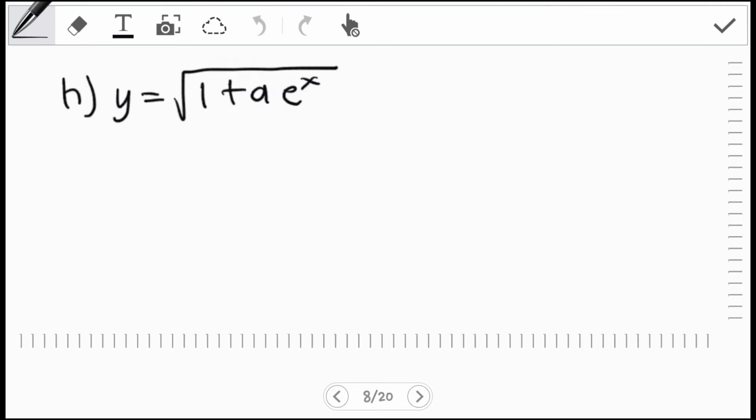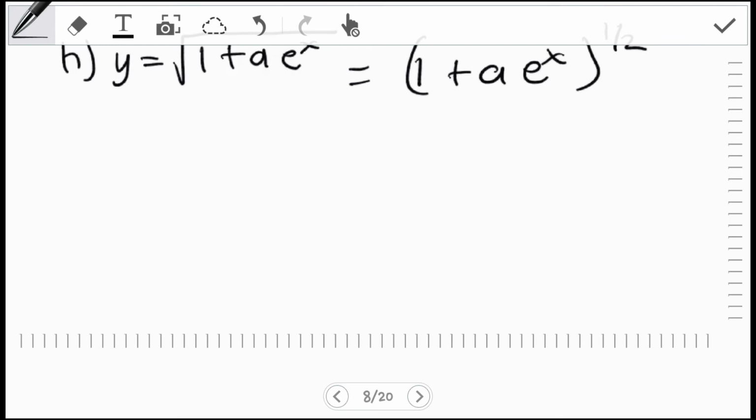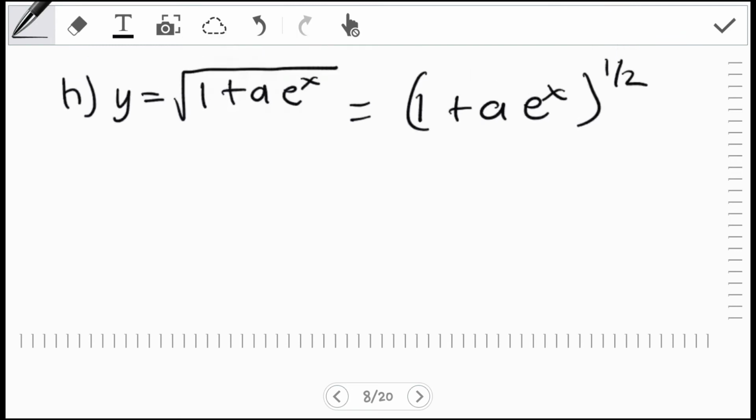So what is the first derivative of y square root of 1 plus e to the third x? We can extract the radical sign. So 1 plus e to the third x, then the multiplier is 1/2. Okay. So let's say this is u.